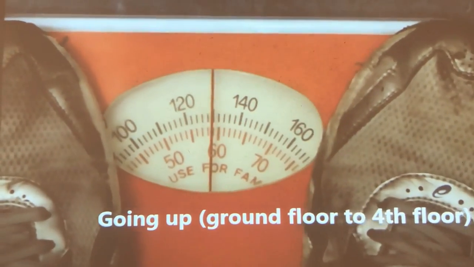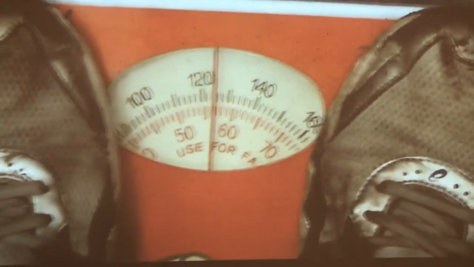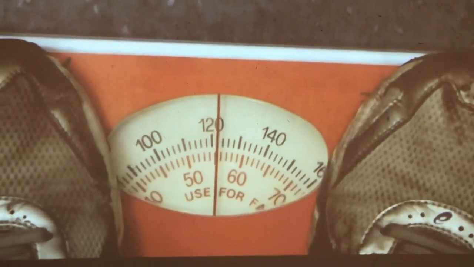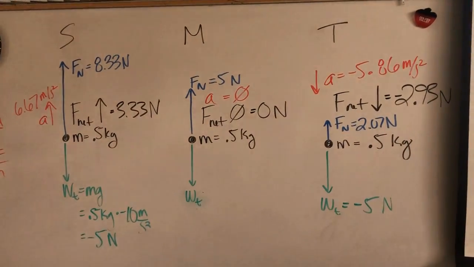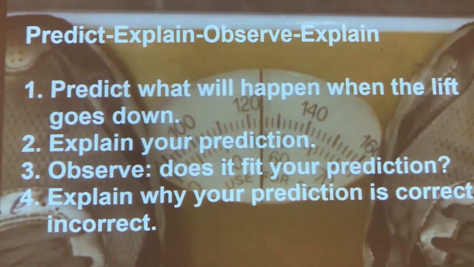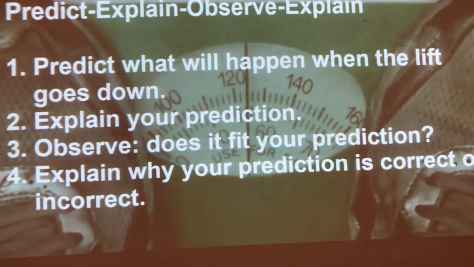Did he gain weight? Okay, back down to 20. He's still going up, but it's back at 124. Oh, 118. He lost weight. And 144. Does that have something to do with this? Okay, so going down, what's the scale going to do?